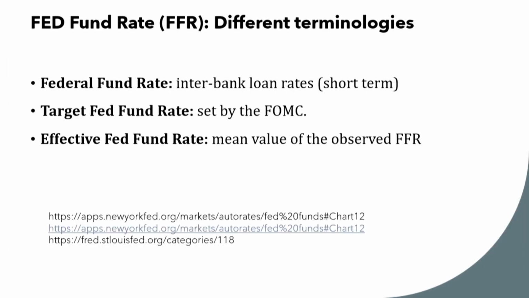So here also there are some terminologies. One is Fed fund rate. Fed fund rate is the interbank loan rate, the actual rate at which one bank transacts with another bank. So there is no common Fed fund rate.